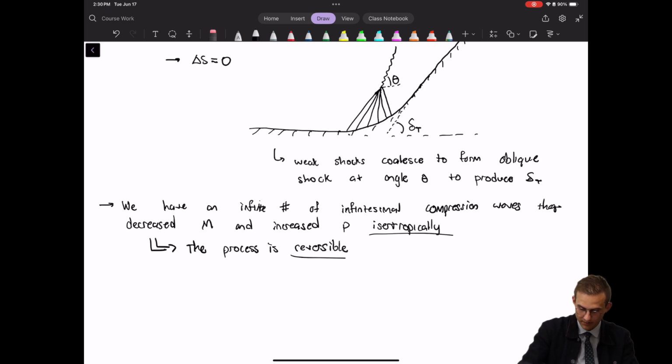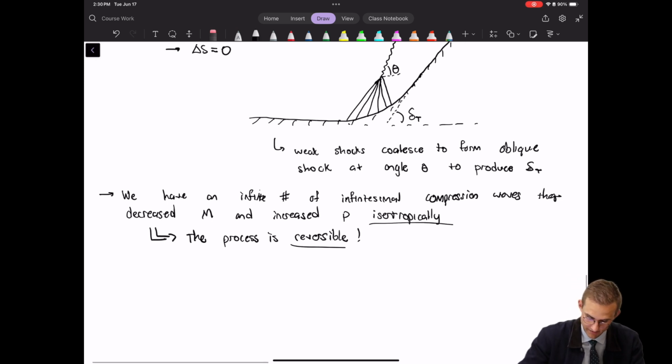Right? An isentropic process must be reversible. So because we have this isentropic mechanism for compression, that means we must have a synonymous mechanism for expansion. And what does that look like?